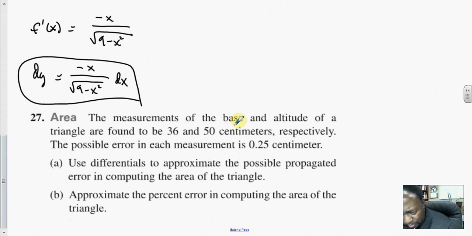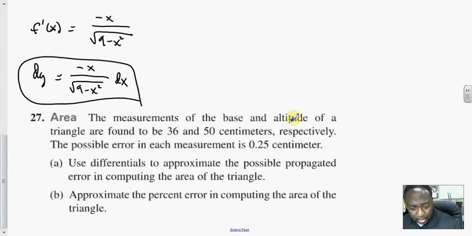So here with the base, there's an error of plus or minus 0.25, and then there's a possible error of plus or minus 0.25 for the altitude. What are they saying?